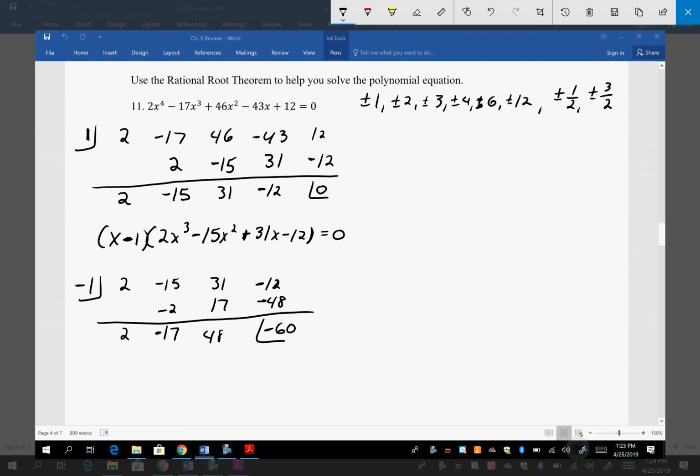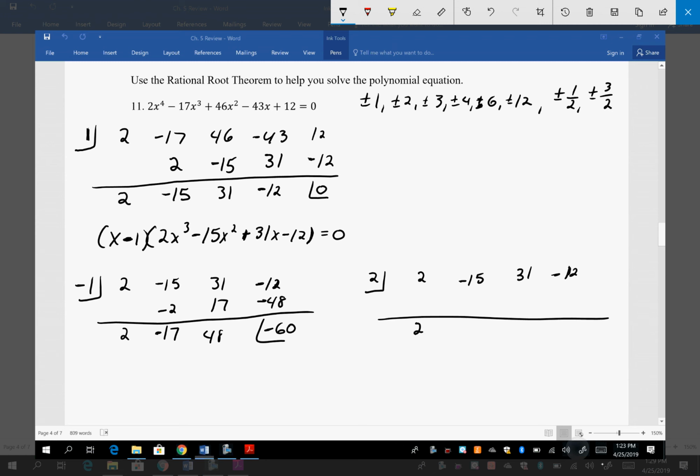Sad. That's not 0. So that means I'm trying which number next? Positive 2. Come on, math gods. Let it be a root. Nope, that's not what the Beatles meant.